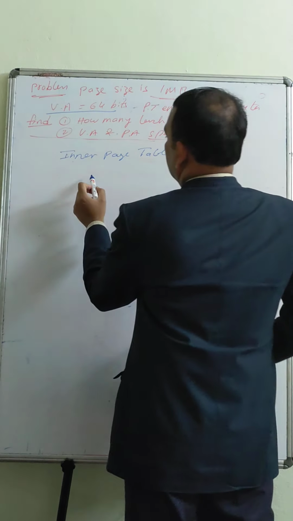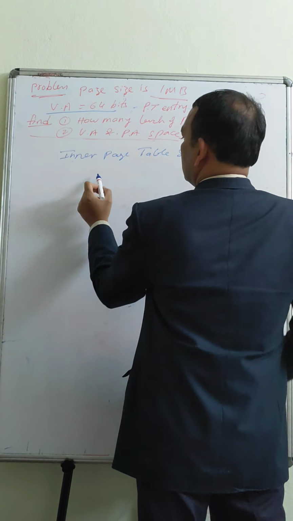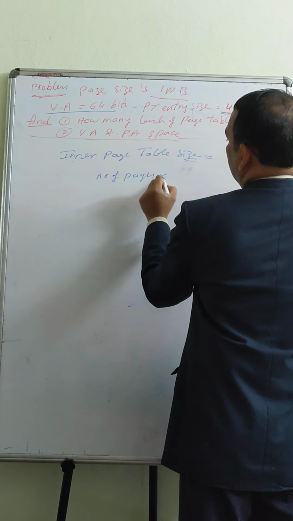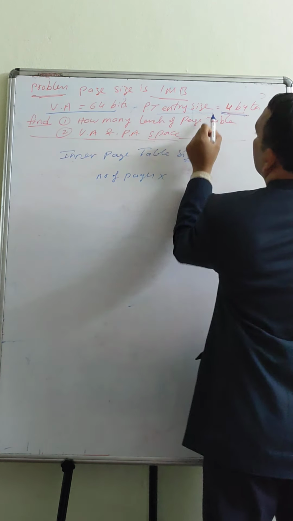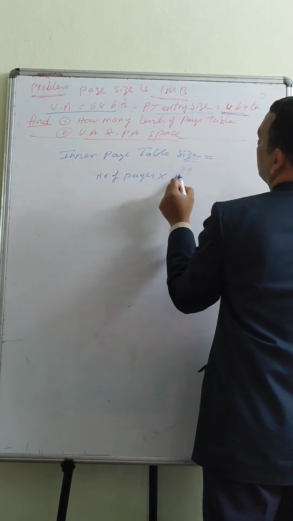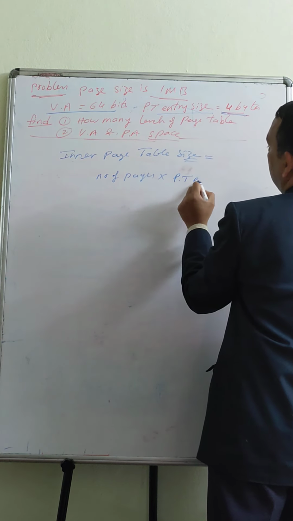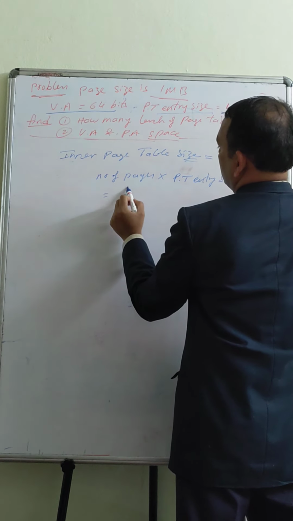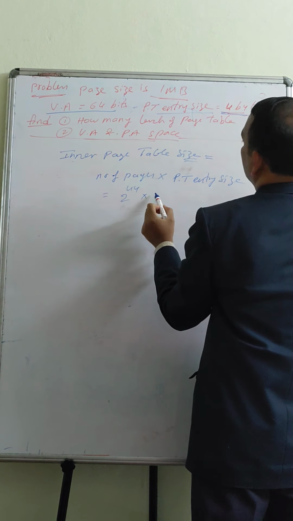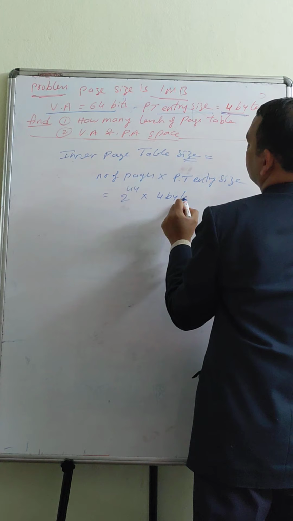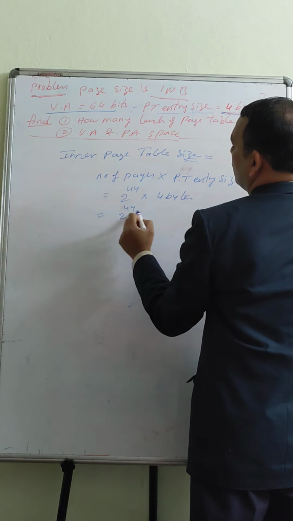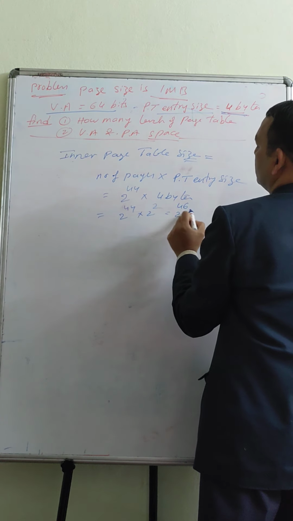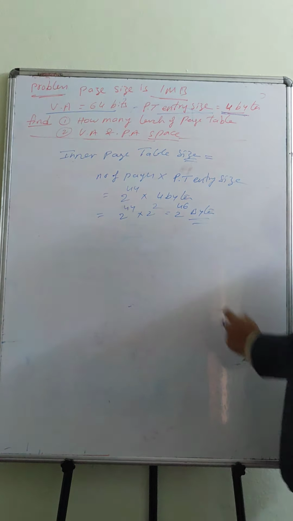Just now we calculated the number of pages. Page table size is equal to number of pages into page table entry size. So number of pages is 2 power 44, into page table entry size of 4 bytes, is equal to 2 power 44 into 2 power 2, which is 2 power 46 bytes, my friends.